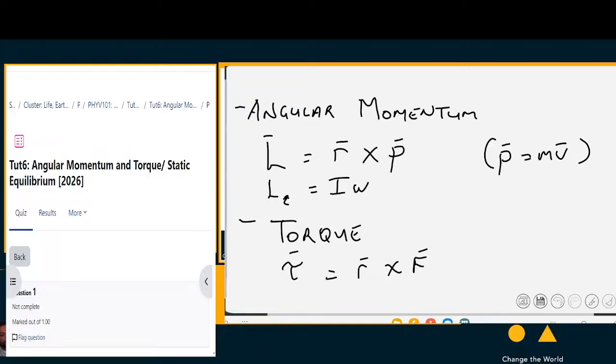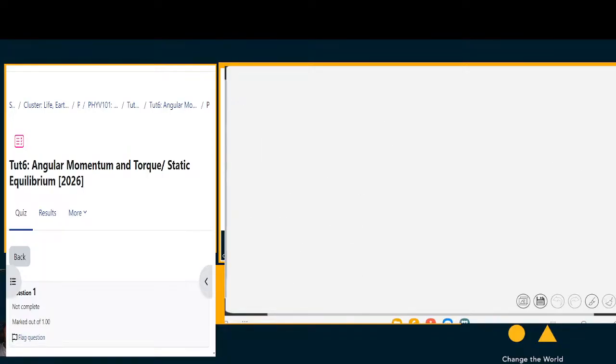So that's the torque. So that is all that we have for the summary. We don't need any more. Let's now, for problem number one, I'm going to give you a vector product.